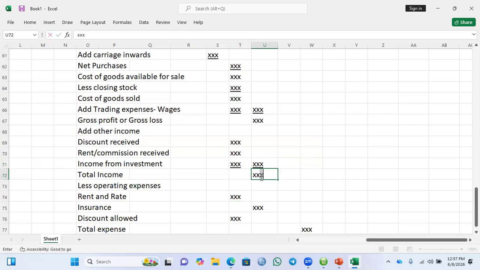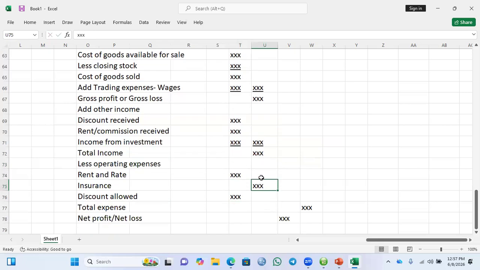So Abuko, are you following it now? Yes, sir. So when they ask you to do it together, please don't fumble. So you list your expenses, the total will come under the total income, and then you can now get your net profit or net loss. As simple as A, B, C, D.